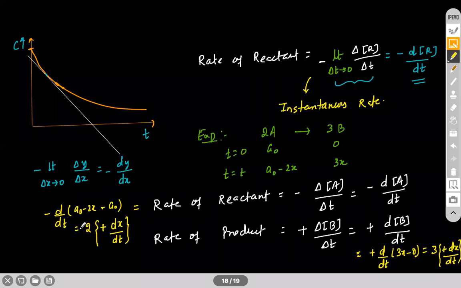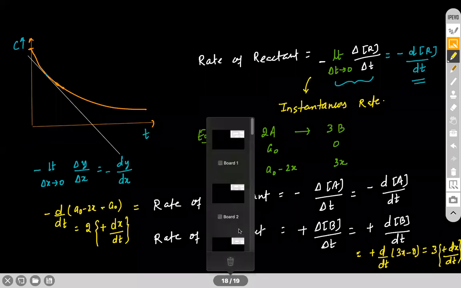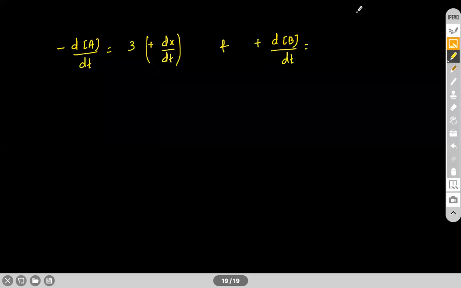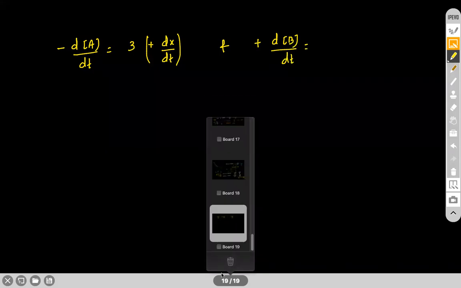Just compare this expression and this. So what we can write here is minus of d concentration of A by dt is equal to 2 plus dx by dt, and we can also write plus d concentration of B by dt is equal to 3 plus dx by dt, correct?